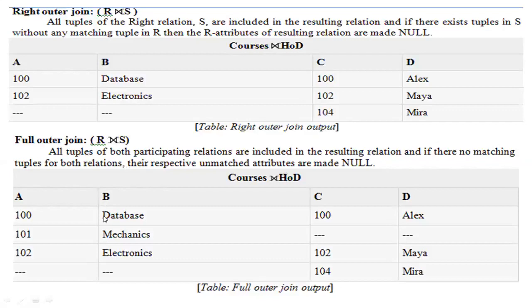From the left table you take 100, 101, and 102 as they are, and as in the left outer join, the unmatched attribute values are made null. Then for the right outer join, since 100 and 102 are already taken, only 104 remains, so 104 and Mira is added, and the unmatched attribute values are made null.